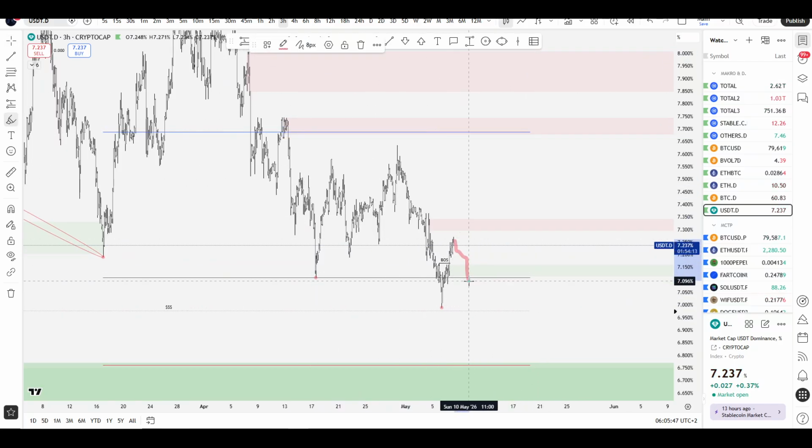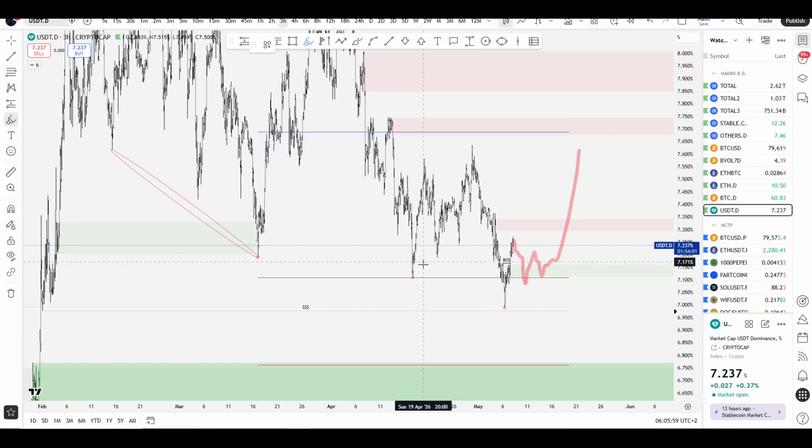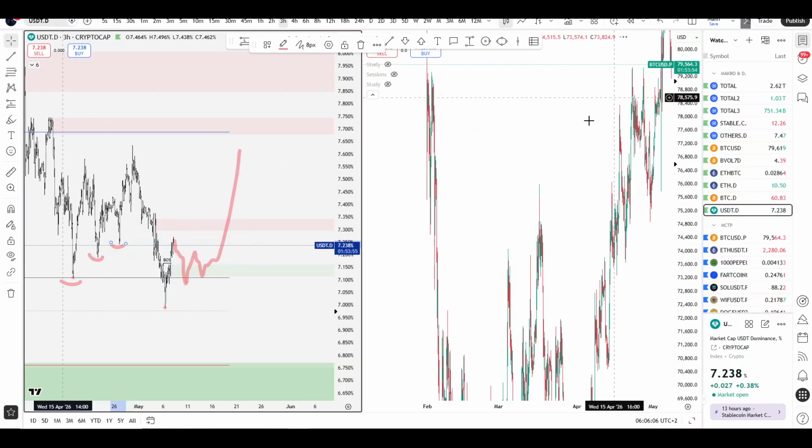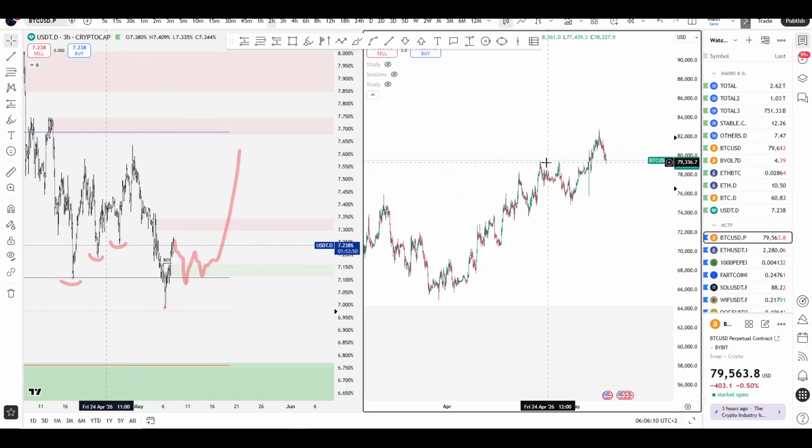It could be that we go down, maybe grab some more extreme, go up again, and do something like this. Because if you look at this, these lows were created when, whoa, why do I have red candles now?